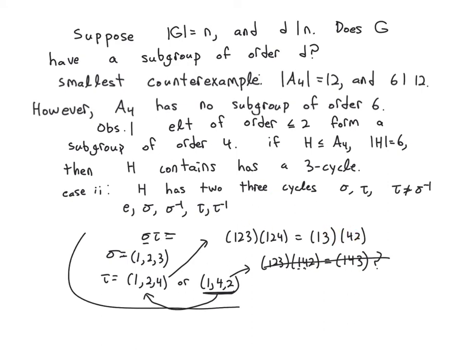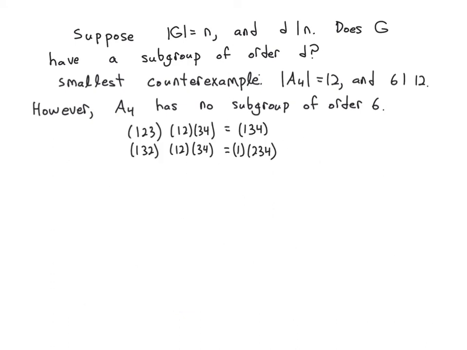So what I'm observing here is I must have an element of order 3 and some other element, say pi, of order 2. Alright, so now I'm just assuming I have an element of order 3, a 3-cycle, and an element of order 2.